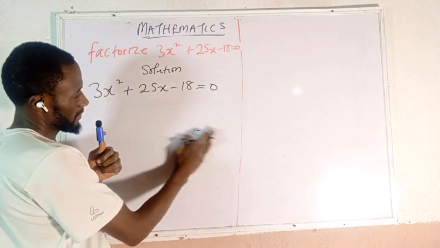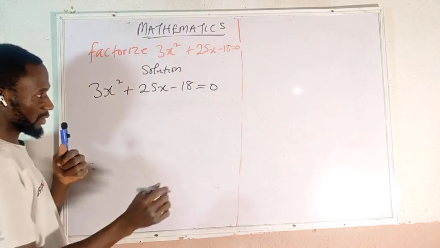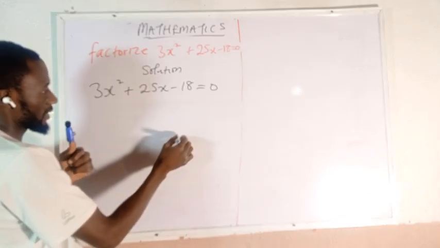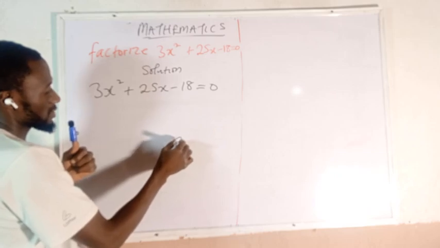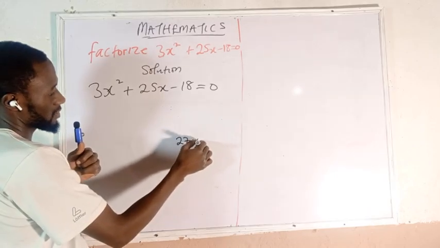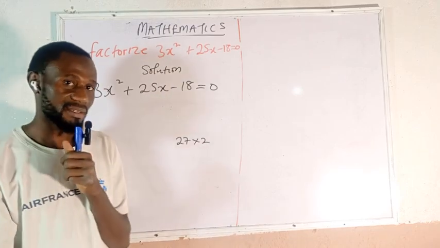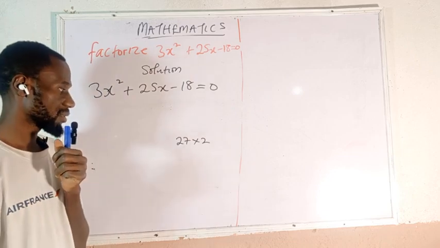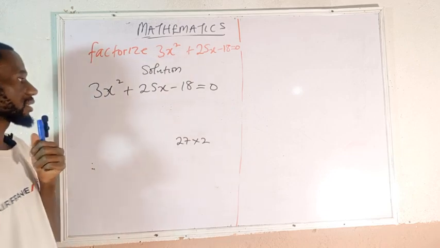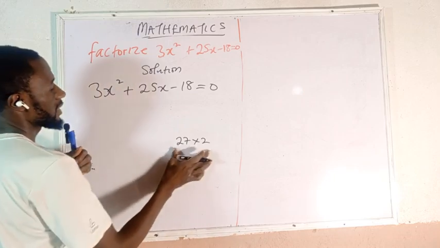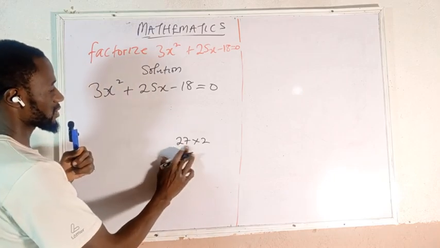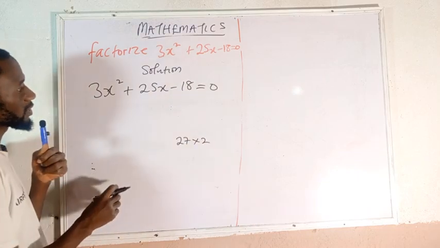let's say the numbers will be 27 times 2. 27 times 2, I think this is 54. Then we can replace: 2 times 27 is 54.